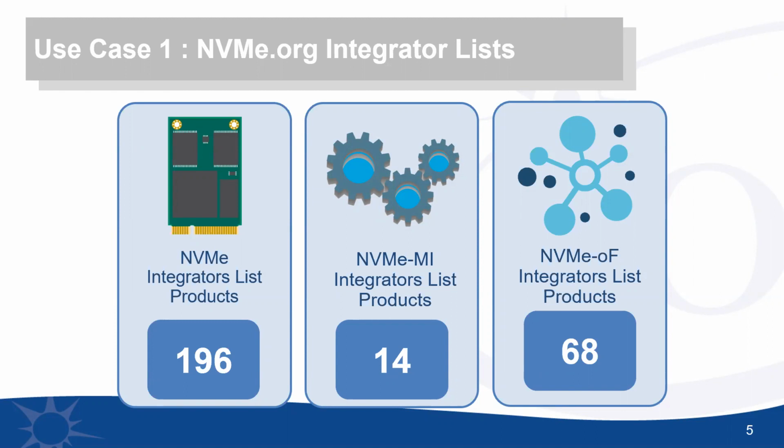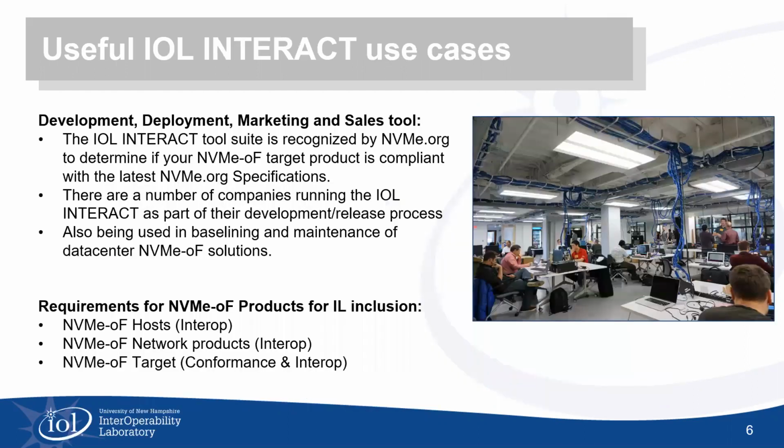And one of the fastest growing ones we have right now, as you can imagine, is the NVMe over Fabrics integrators list. This one's the fastest growing because obviously it's the latest and greatest technology that's been coming out of NVMe.org, with all the different NVMe over Fabric transports that have been coming out, such as RoCE, Fibre Channel, TCP, InfiniBand, and also iWARP. So that just gives you an idea of what's out there.